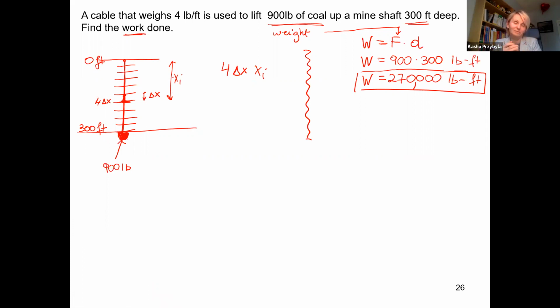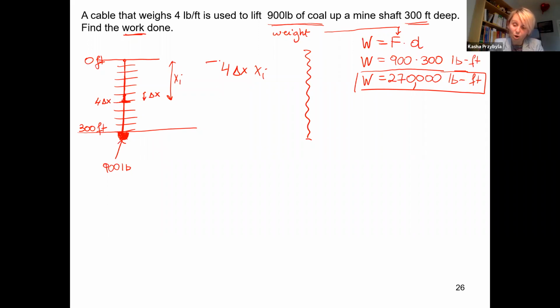The weight will be 4 times delta x, that's the 4 pounds per foot, times the distance that we're pulling, which is x sub i. But this is just one part of the cable.